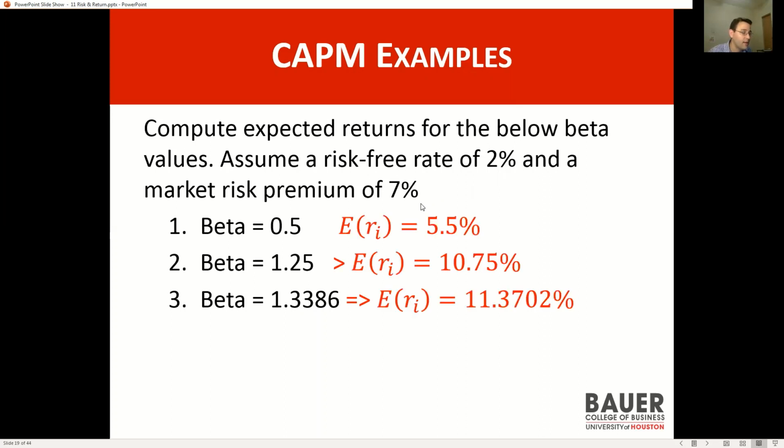Calculate the CAPM formula for each of these using the different betas. We get different expected returns. We get an expected return of 5.5 for the first one, 10.75, and 11.37. As you take on more systematic risk, your beta goes up, and therefore your expected return should go up as well.